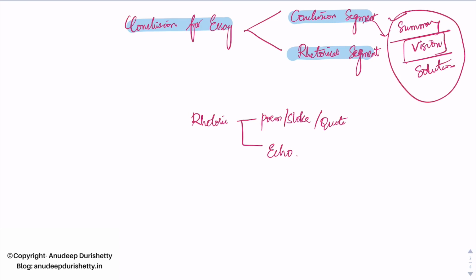Then comes the rhetorical segment towards the absolute end of your essay, where the point is to persuade the reader to be convinced about your point of view. There are few devices that you can use in your rhetorical paragraph to make them persuasive. It can be a poem, a sloka or a quote by a famous person to amplify your position.